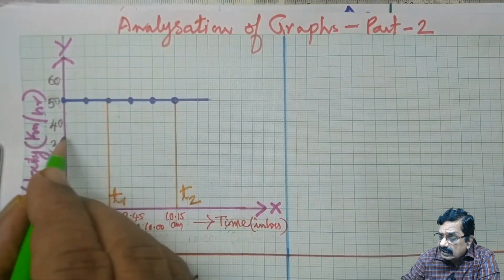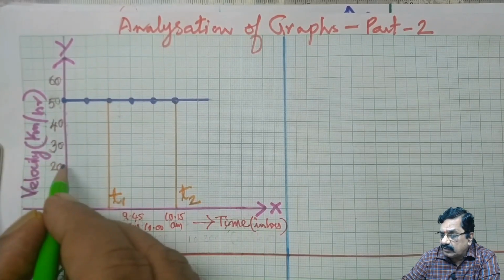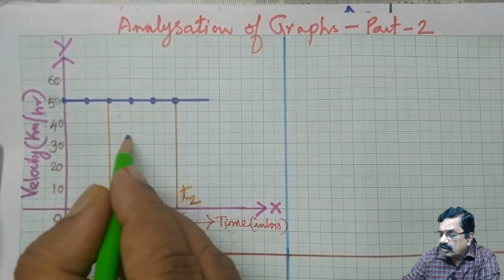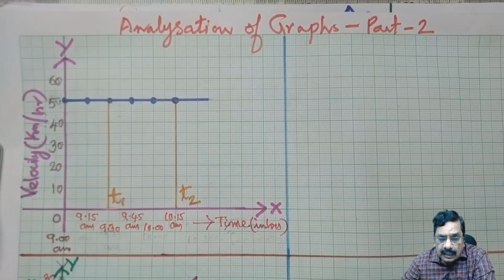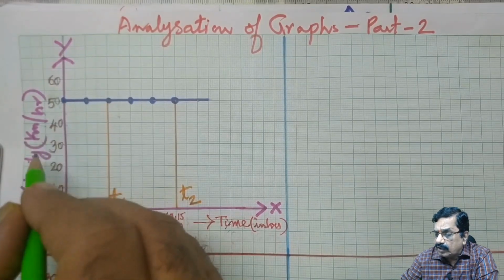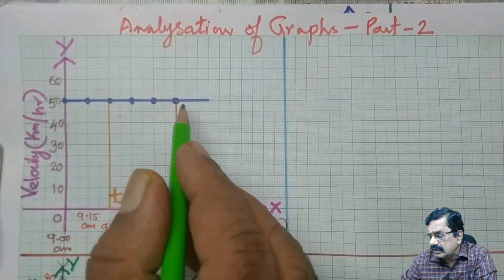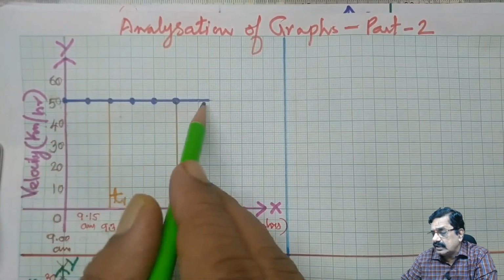If it is here, you have to tell how much. Just see and tell me, in between 30 and 40 what will come here. Yes, whatever you are saying is correct, that is 35 kilometer per hour. Like that, by seeing the graph, you must be able to tell whether it is uniform velocity or uniform acceleration, and if it is uniform velocity, with how much uniform velocity it is going.